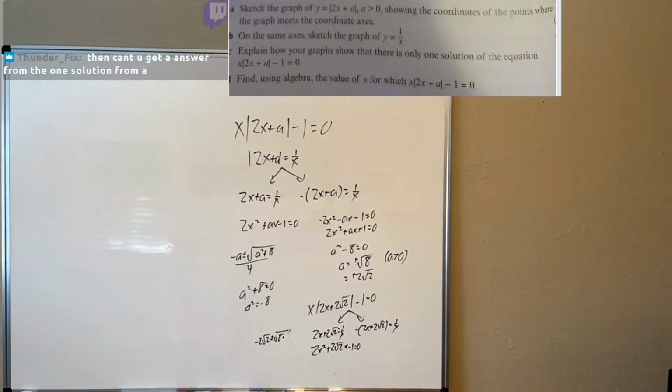Then you can't get an answer from the solution from a. Wait, then can't you get an answer in the solution? I mean, I guess, but I feel like it shouldn't be just one answer that's always true.